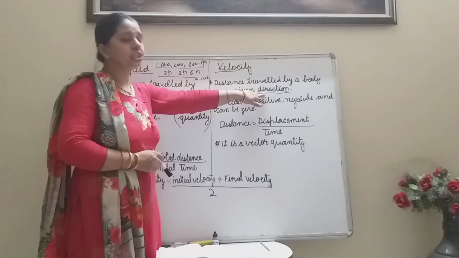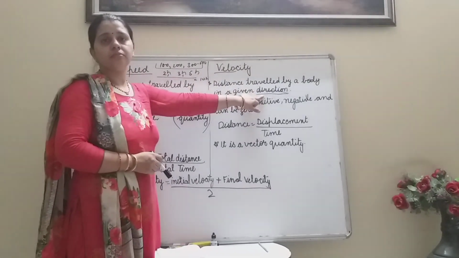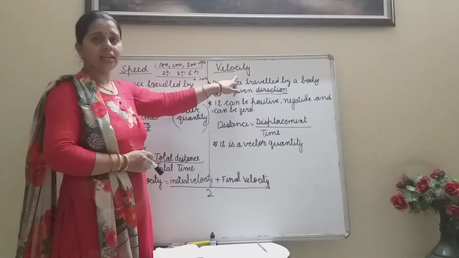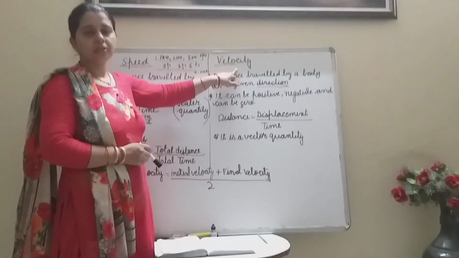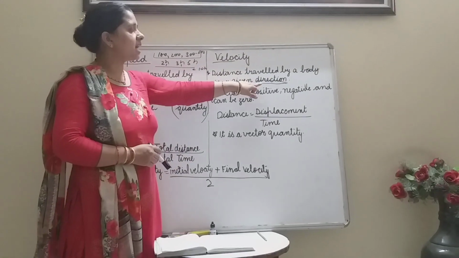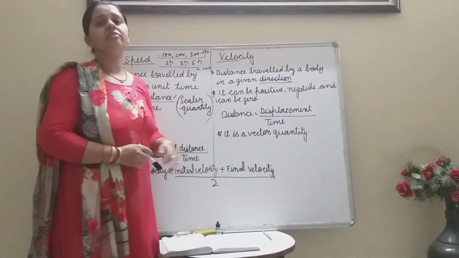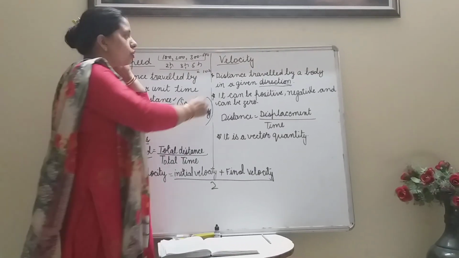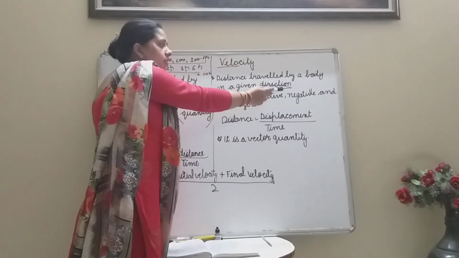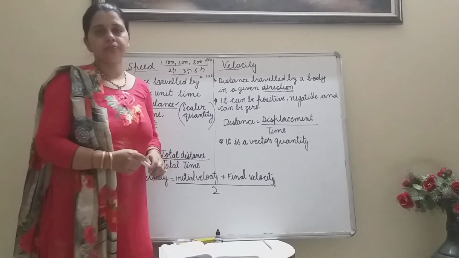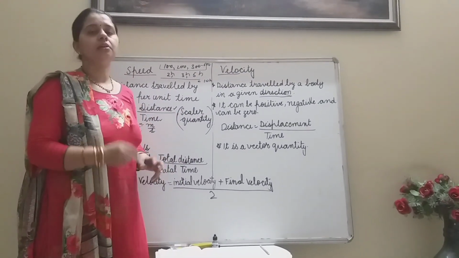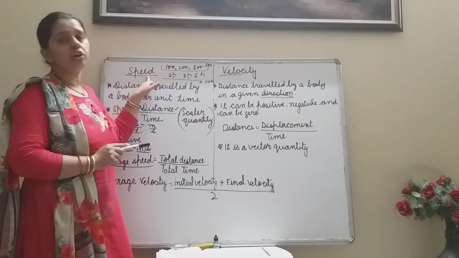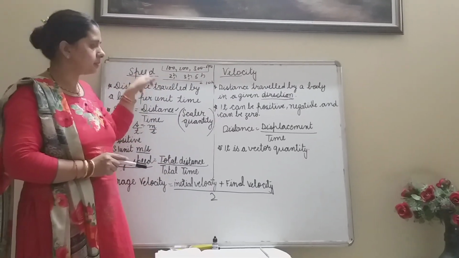So if direction is there, it becomes a vector quantity, because it has magnitude, a numerical value, and it also has direction. So velocity can be positive, negative and zero, but speed is always positive.